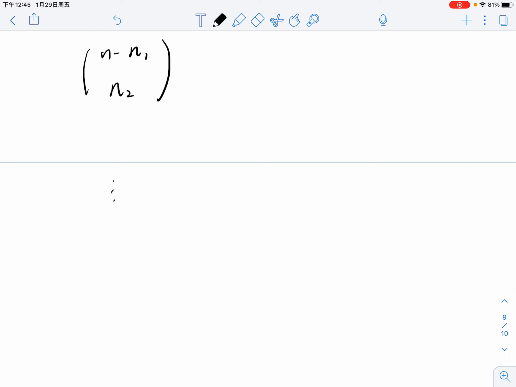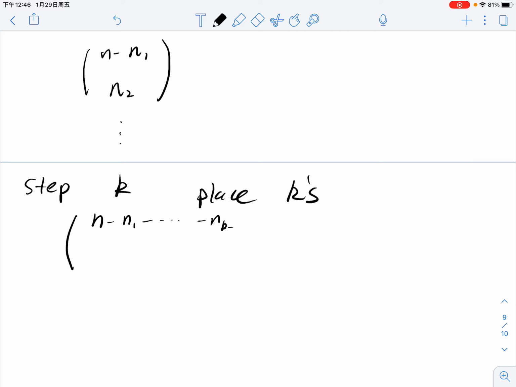And similarly, you can continue this process, and at step k, the last step, we want to place k's. Then you note that you have n minus n1 minus up to n(k-1), choose nk. Actually, this is just nk choose nk, which is 1.